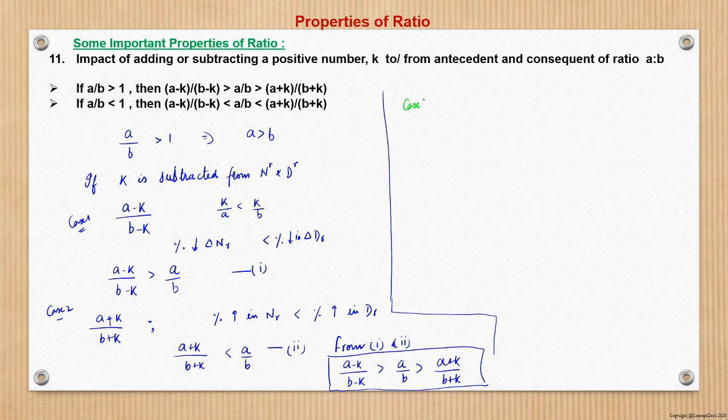Now we will see case B here. This was case A. So case B means when A by B is less than 1.